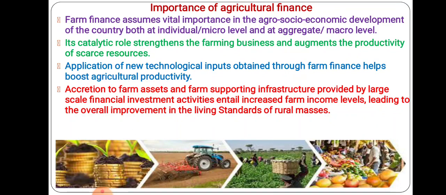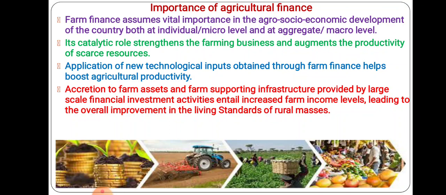The third importance is the application of new technological inputs obtained through farm finance, which helps boost agricultural productivity. What are the different new technologies inputted in agriculture through farm finance? It helps to boost agricultural productivity.